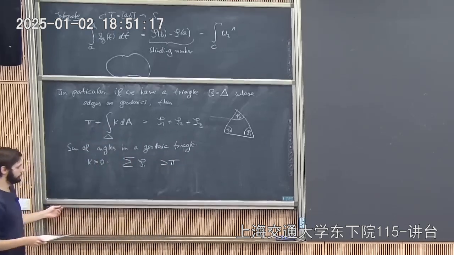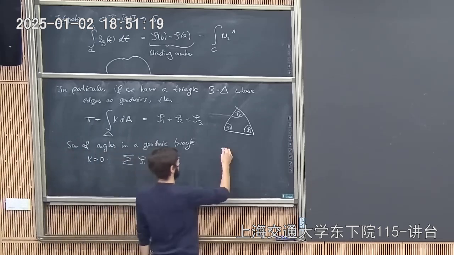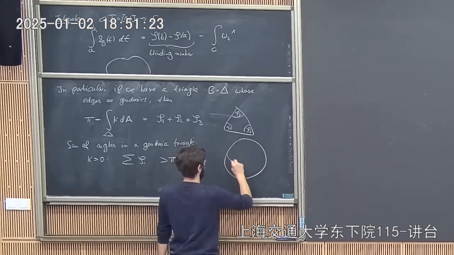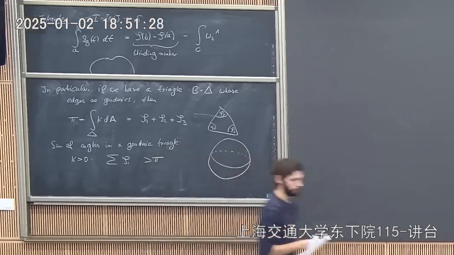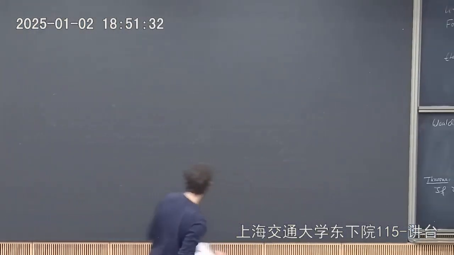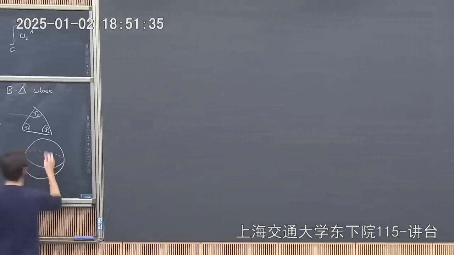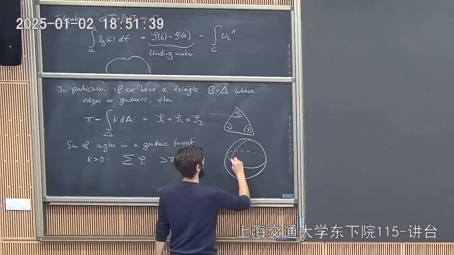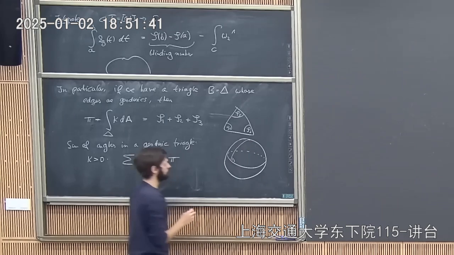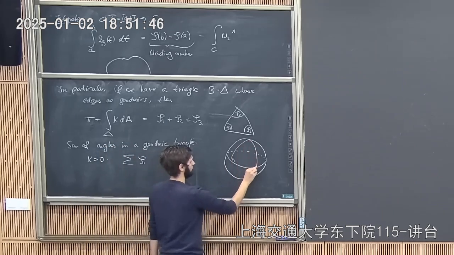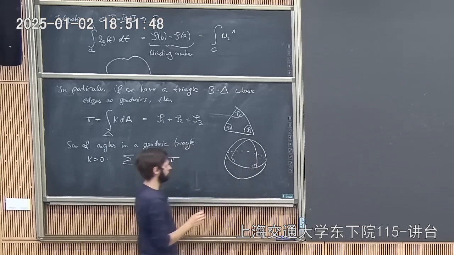And for example, on the sphere, you can realize this. We could take the triangle where we go to the North Pole, then we go down to the equator, and we hit the equator at a 90 degree angle, and we go down in a different direction.